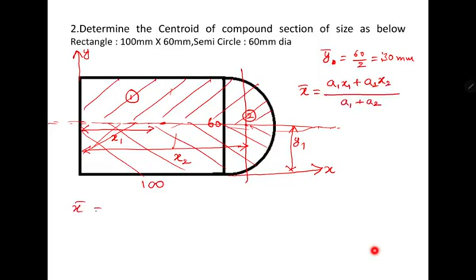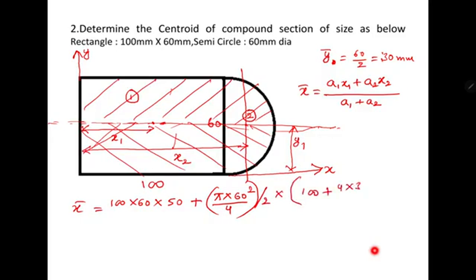Now x bar is equal to a1, the area of the first plane figure, which is 100 into 60. x1 is from here to the centroid of the first plane figure, that is 100 by 2, equal to 50, plus pi into 60 square by 4, whole divided by 2. Pi d square by 4 is the formula for the circle, and half of that is the semicircle, into 100 plus 4 into 30 divided by 3 pi.